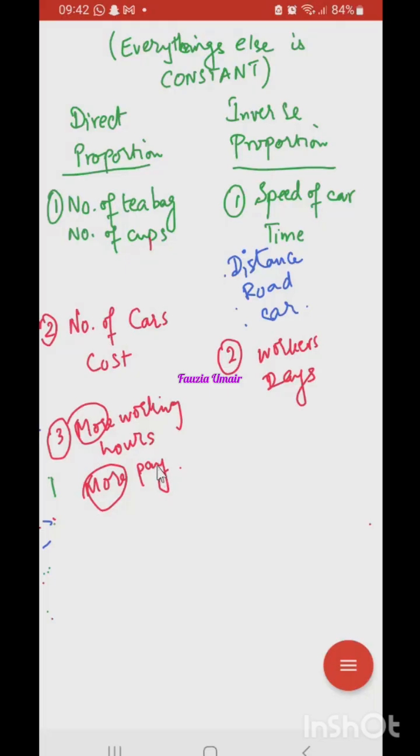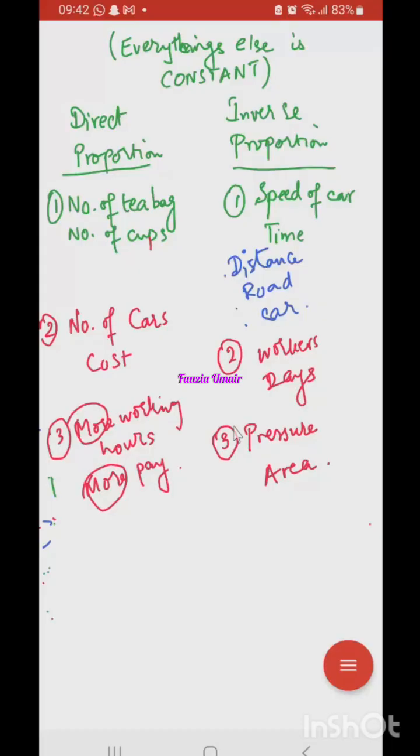More the pressure, less the area. All right, you are taking this example from science, I believe. Pressure and area are inversely proportional.